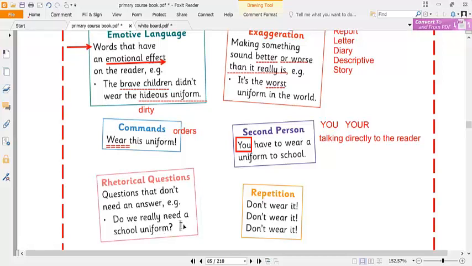I don't want you to tell me yes or no. It's just a question to attract you, to make you involved in my topic, to make you think about my question. But I'm not waiting for you to answer me. Do we really need a school uniform? This is called a rhetorical question.